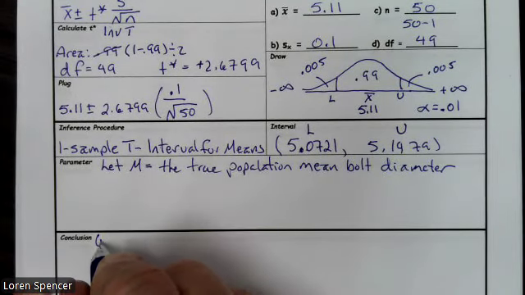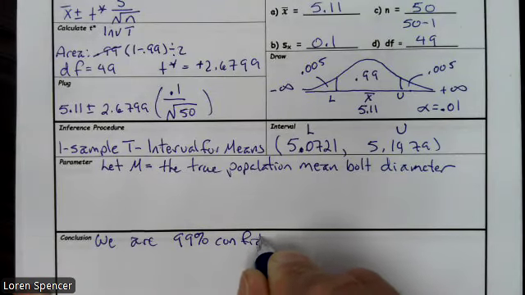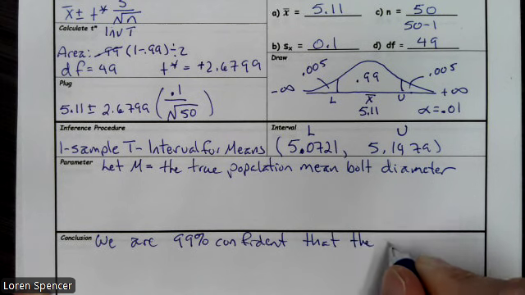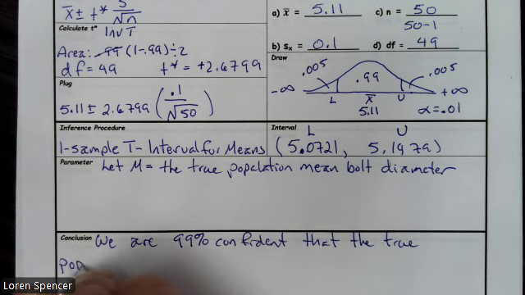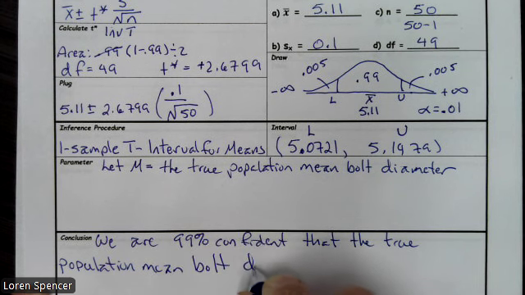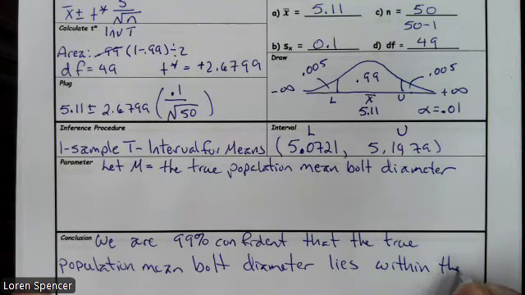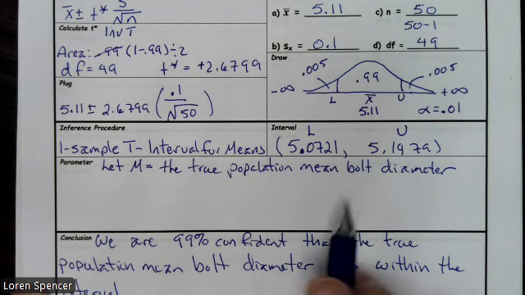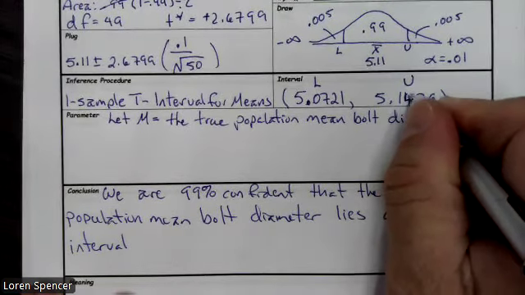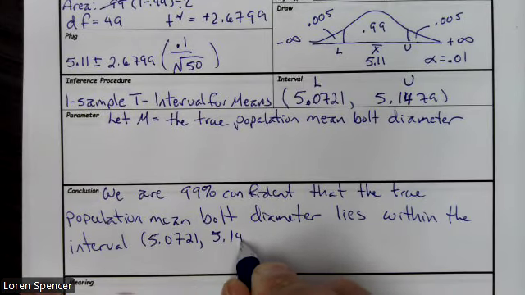Well, how confident are we? 99% confident that the true population mean bolt diameter lies within the interval 5.0721 to 5.1479.